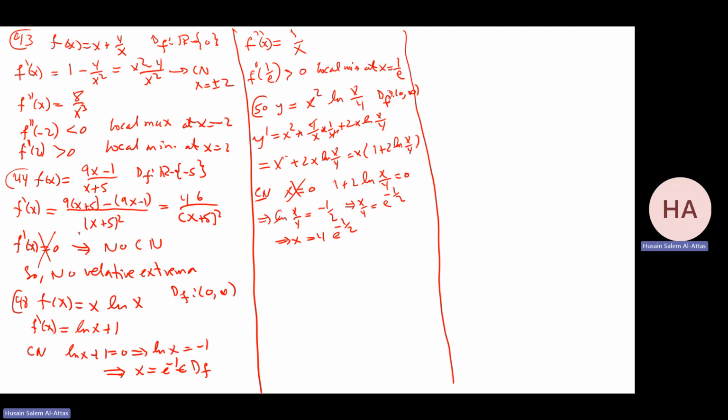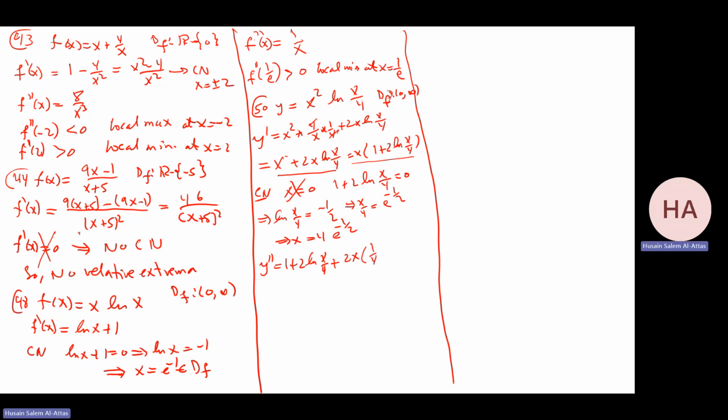Check f double prime. What will be f double prime? You can do it from here. If we do the calculations, x is 1, so this is 1 plus 2 ln x over 4, plus 2x times the derivative of this, which is 1 over x.